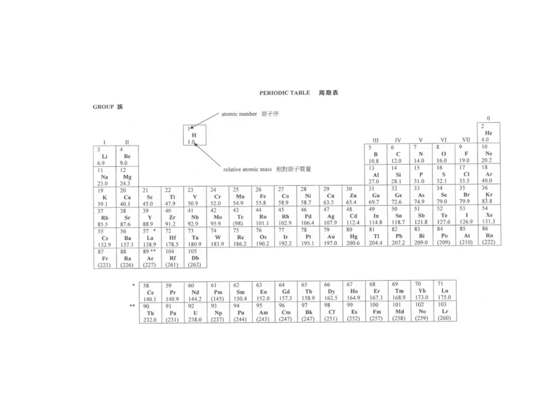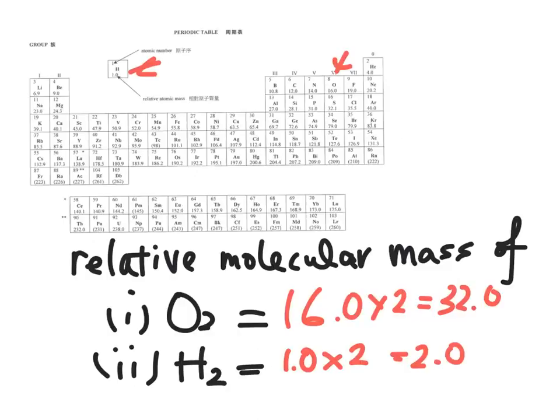But what is the meaning of the 32.0? What is the meaning of relative molecular mass? The reacting masses are highly related to the relative molecular masses or relative atomic masses that we have learned. So we will further discuss this in this chapter.